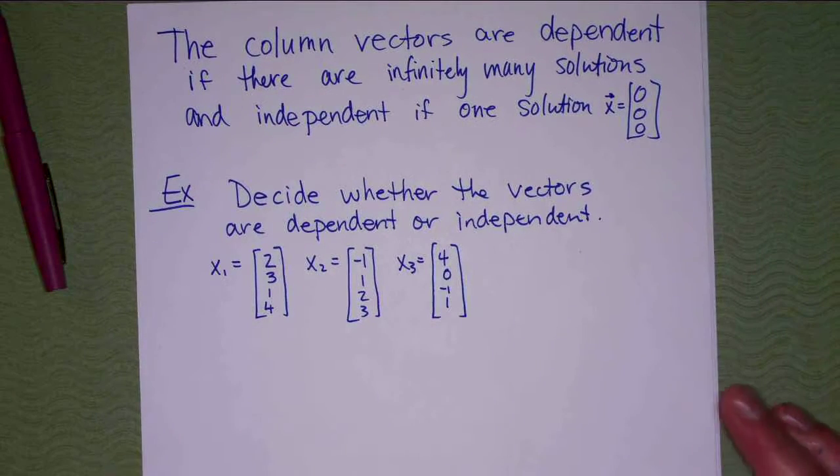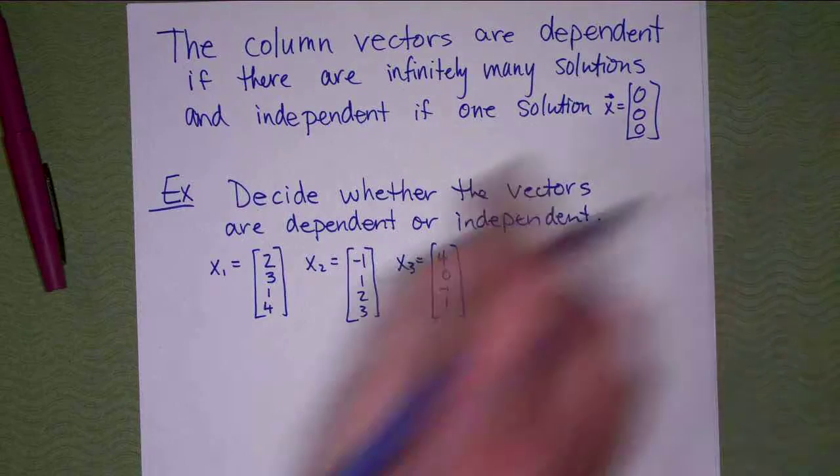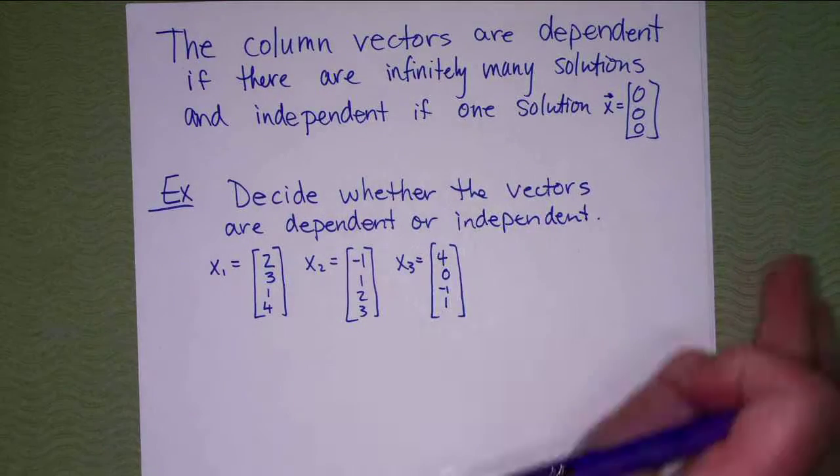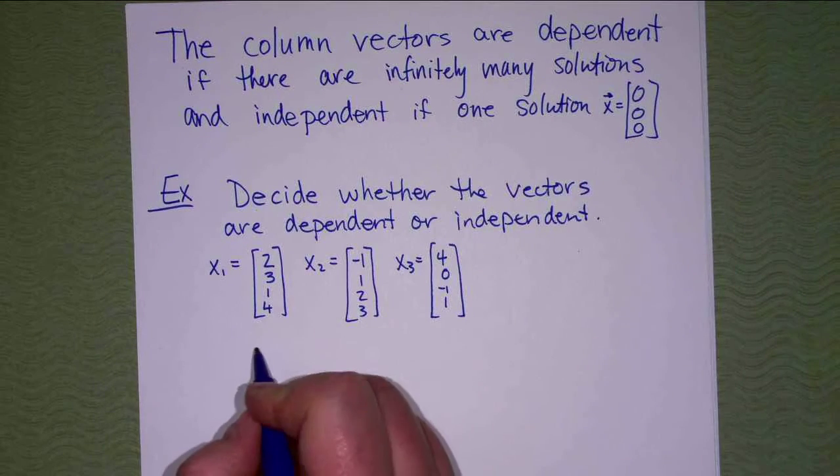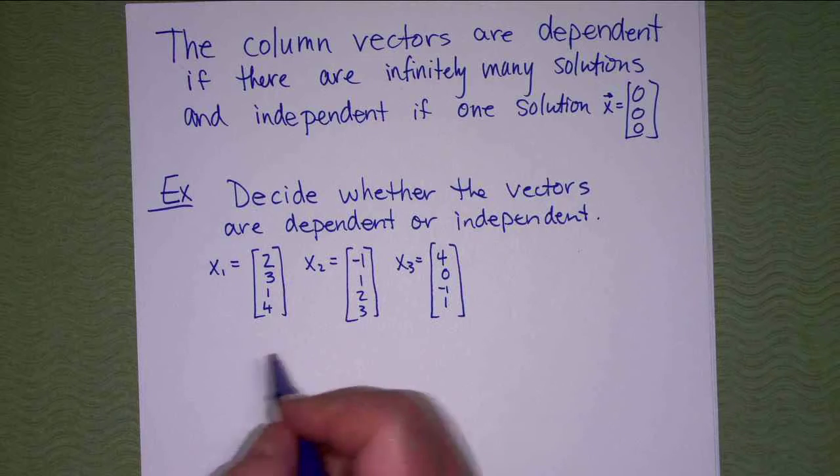So this is an exact question we would have seen in Chapter 1, but the only ones we solved in Chapter 1 were the ones that were obviously a multiple of each other, then you'd say it's dependent, or a 2 by 2, because we could solve a 2 by 2 system. And now this has 4 in it, it doesn't matter the size, because we can row reduce to actually solve the system. So when we were deciding whether vectors were independent or dependent, you would set up the system to solve.